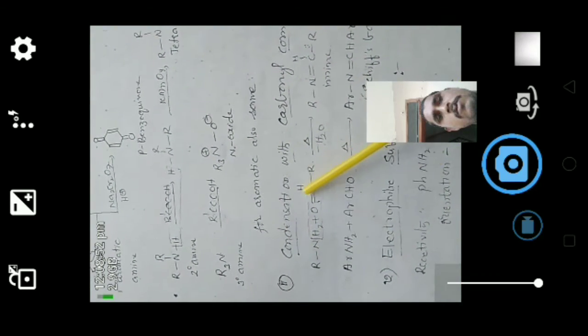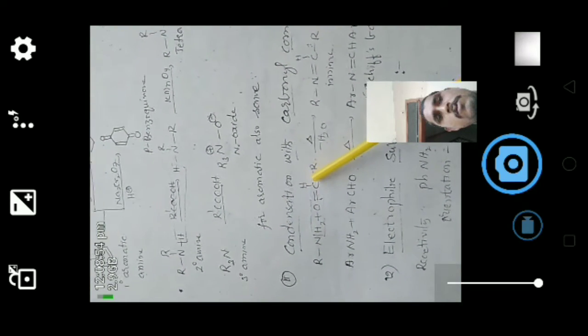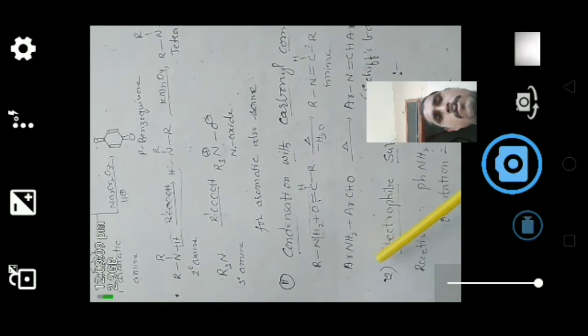Here RNH2 is a primary amine and RCHO is an aldehyde. In the condensation reaction between amine and aldehyde in the presence of heat, losing a water molecule, we get imine: RNH2 plus RCHO gives RN=CHR. Here aromatic amines react with aromatic aldehyde in the presence of heat, losing a water molecule, to give aromatic imines, which are called Schiff's bases.